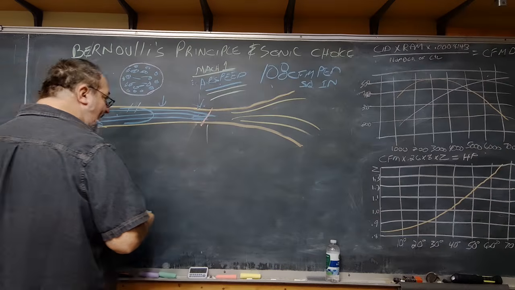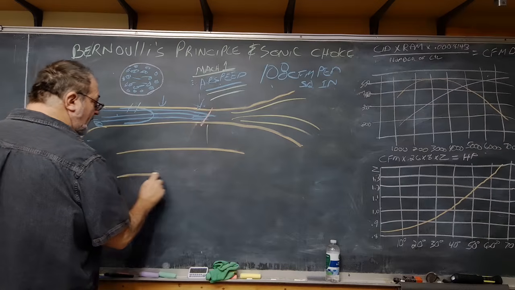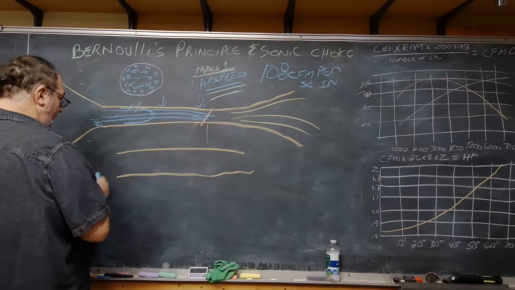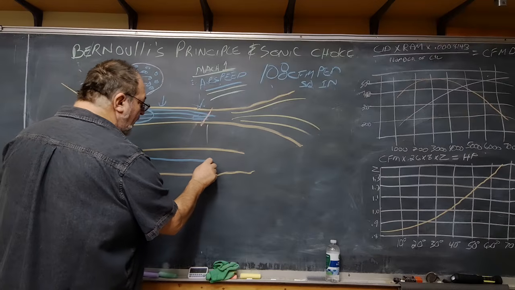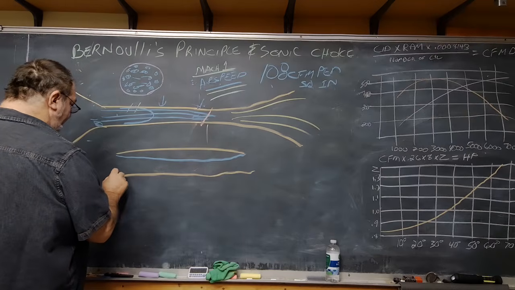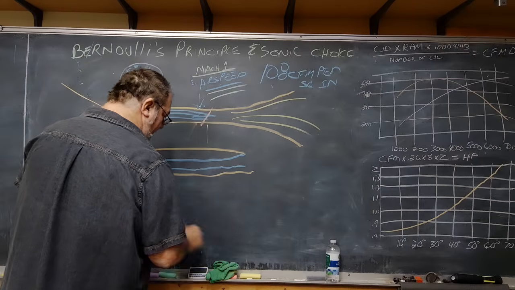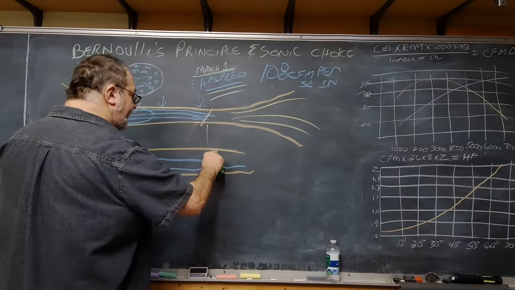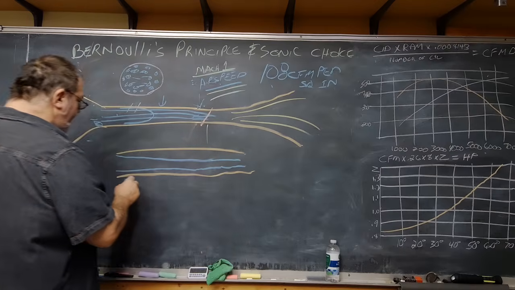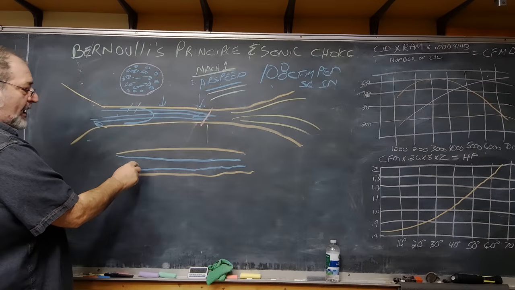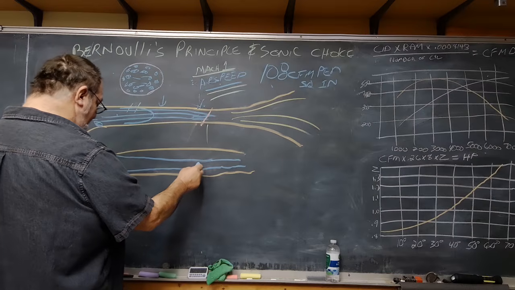So if you have just a straight runner, as the airspeed goes up, the volume that you can move will actually shrink down. So as your airspeed goes up, your area inside the port gets smaller and smaller.